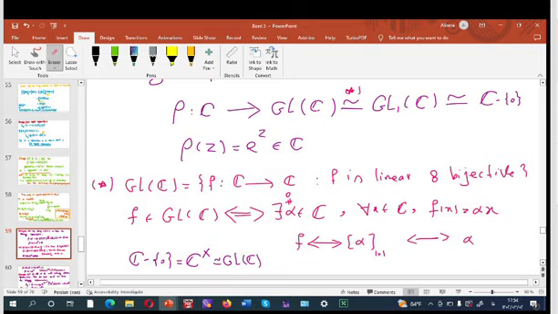So any linear and bijective function from C to C corresponds to a non-zero complex number, and any non-zero complex number corresponds to a non-zero matrix, okay?